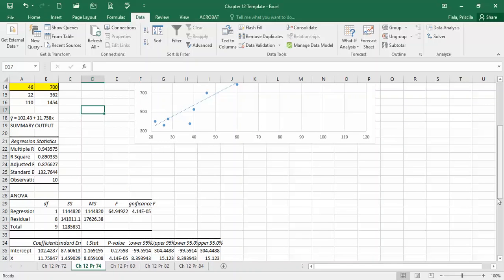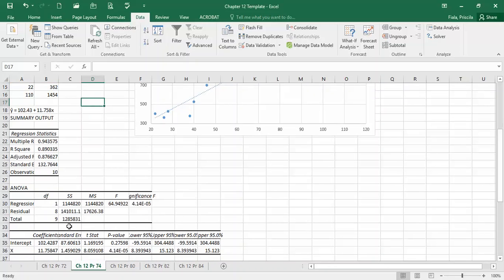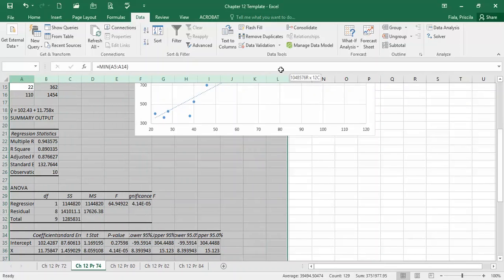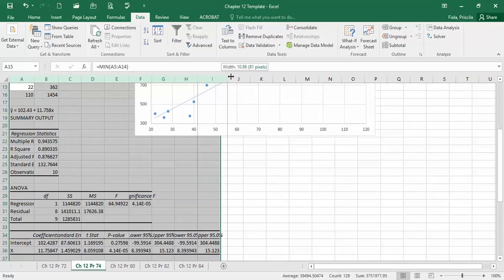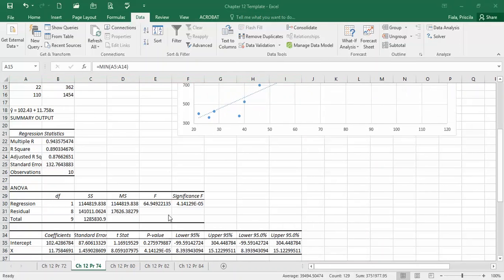I have also provided on your discussion something that looks just like this, and it actually explains each of these variables. For the next chapter, we're going to be using these values right here. This will be the p-value for my F test, which I'm not going to address right now.